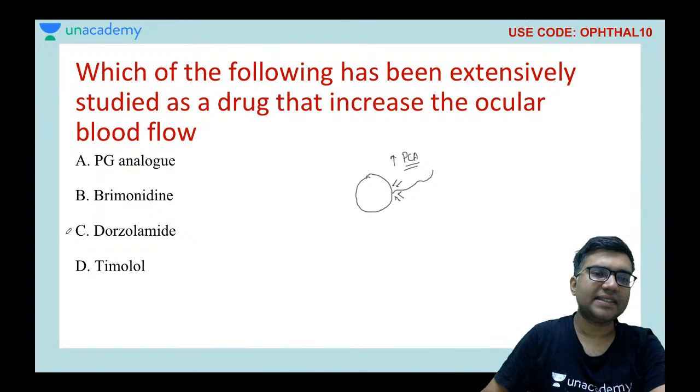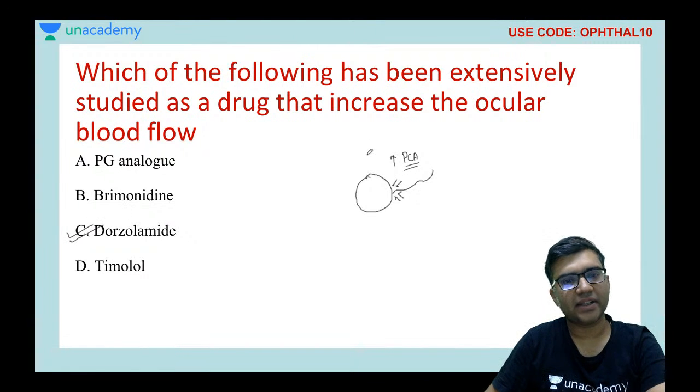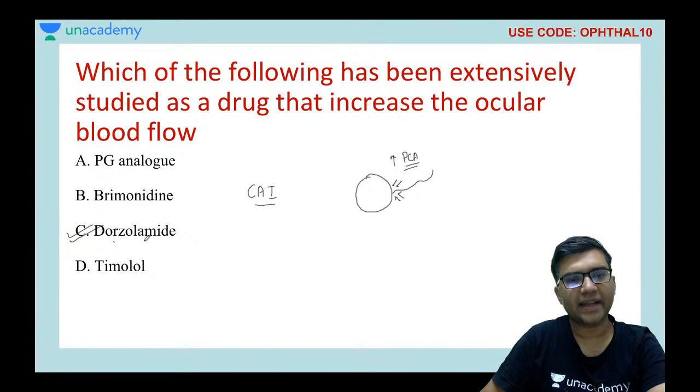So the answer here is C, that is dorzolamide. So the carbonic anhydrase inhibitors, and among them most commonly dorzolamide has been studied to increase the ocular blood flow. And one drug which decreases the ocular blood flow is timolol.